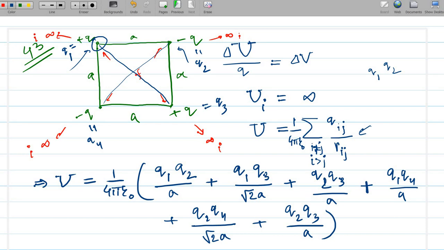So that cuts down almost half of these terms. If I don't impose this condition, there would be 12 terms, because you have to consider all 4 charges, and for each charge you have to consider 3 other charges, so that would be 12. But we have 6. Why? Because once you have taken this combination, you do not take the Q2, Q1 combination. So you maintain that.